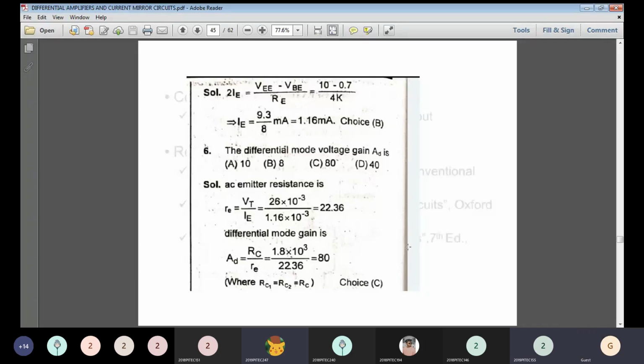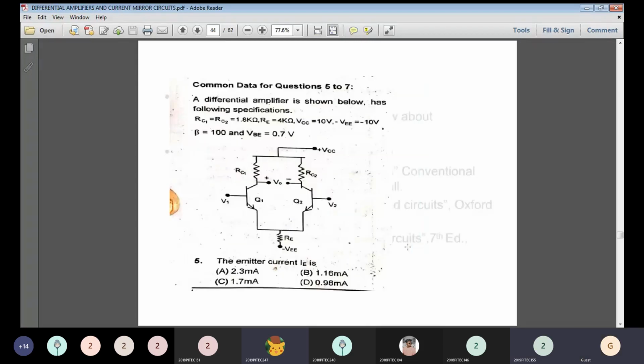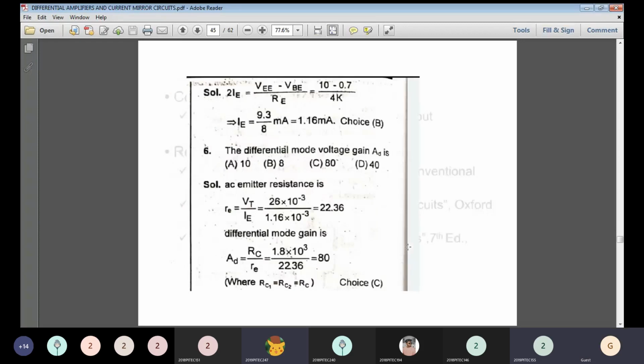From the same given data, they asked you to calculate the value of the differential mode gain. Gain means output divided by input, AD. Output value divided by input value.